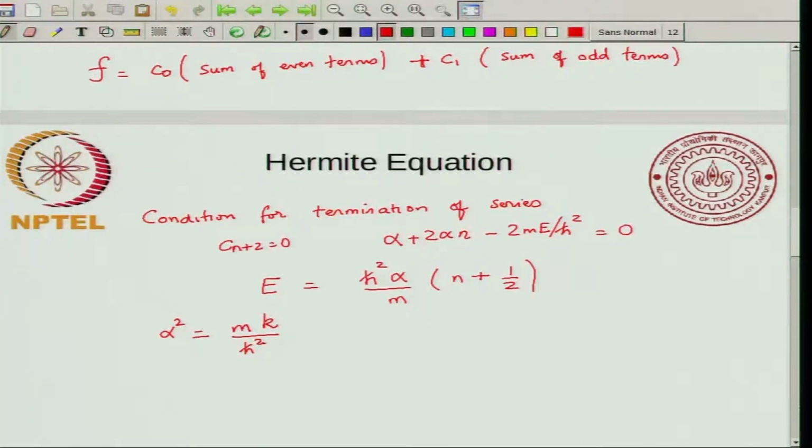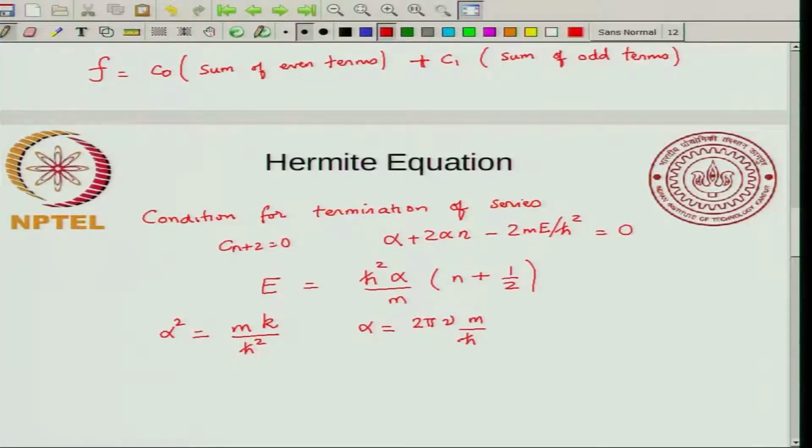Then I can write this relation in a slightly different form. Alpha I can write in this form: 2 pi nu, where nu is a frequency, times m by h bar.